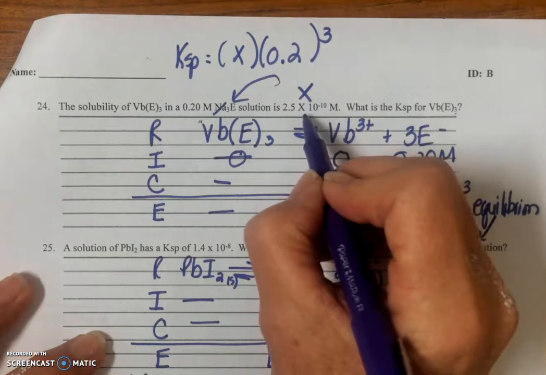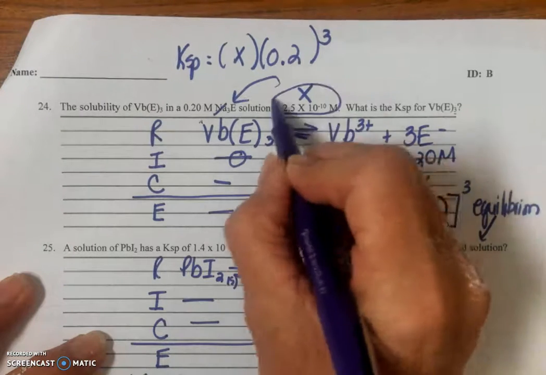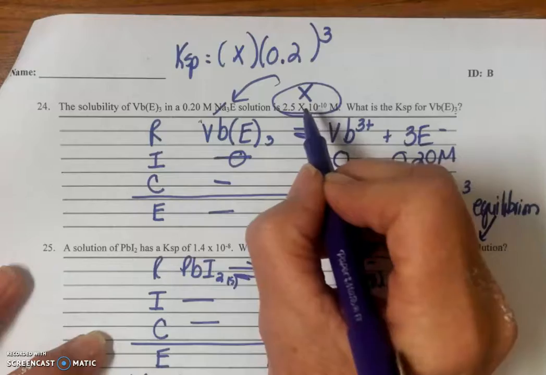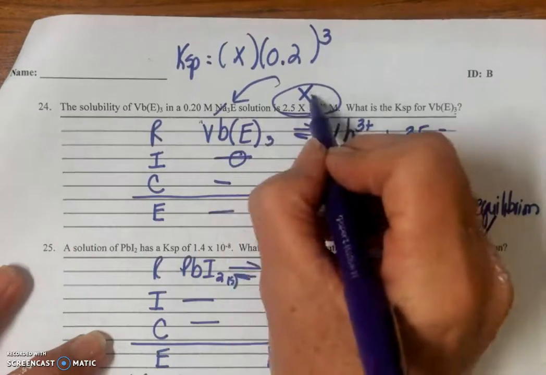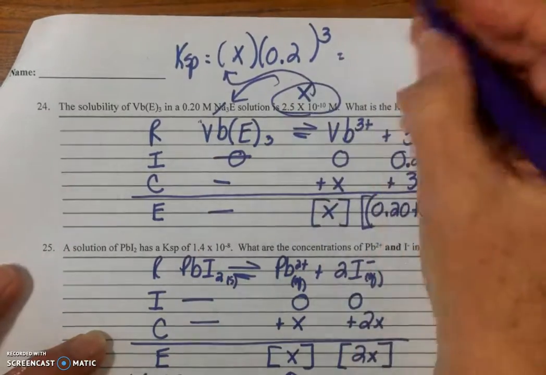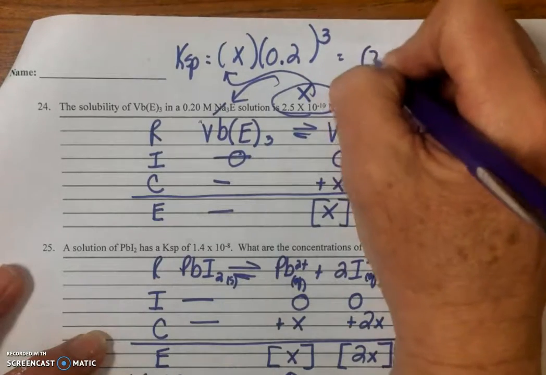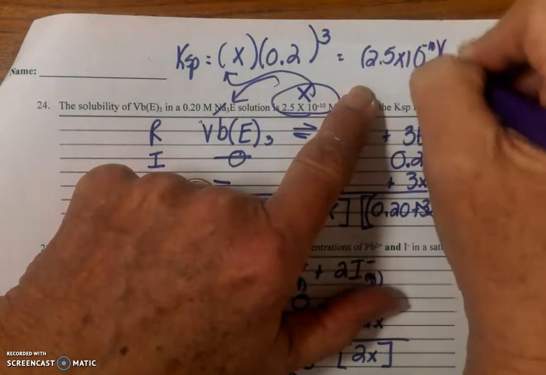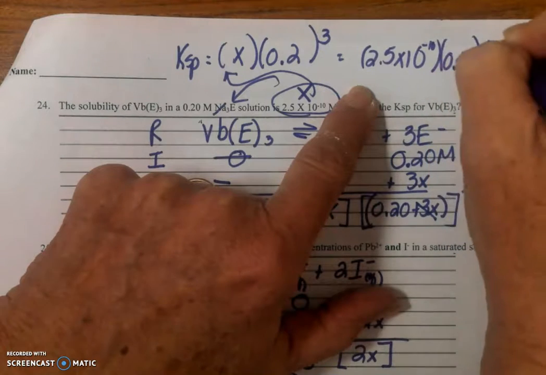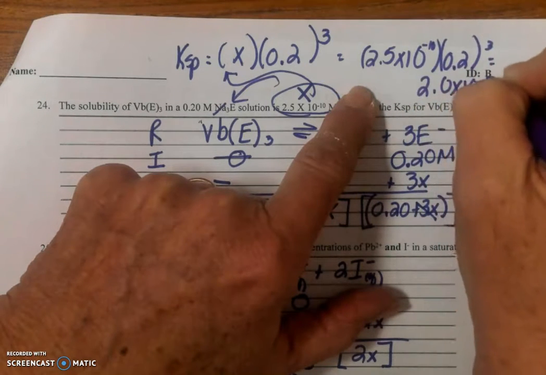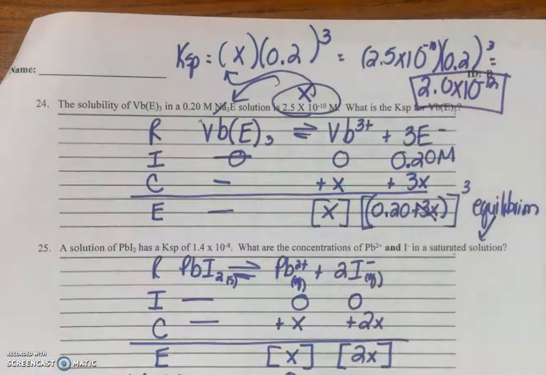Well, it told me that X is this. And this is where people went wrong. They thought this was Ksp. No, no, no. If it says it's a solubility, that's X. I put that right in there. And I get 2.5 times 10 to the minus 10 times 0.2 cubed is 2.0 times 10 to the minus 12, and that is the answer for that.